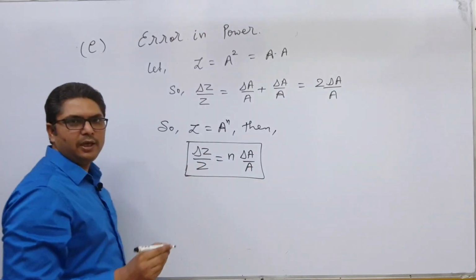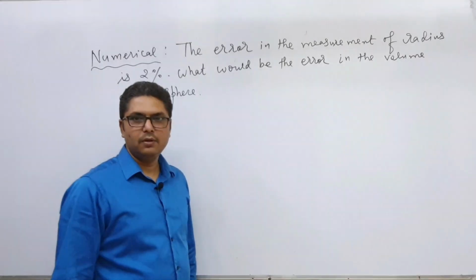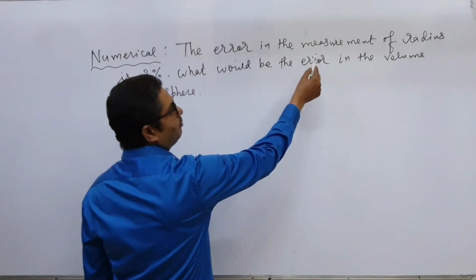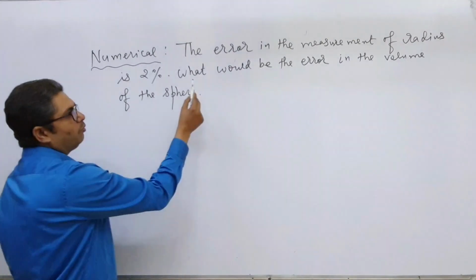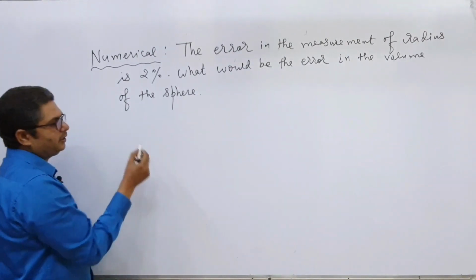Now you are going to see a numerical based on this. The question is, the error in the measurement of radius is 2%. What would be the error in the volume of the sphere?